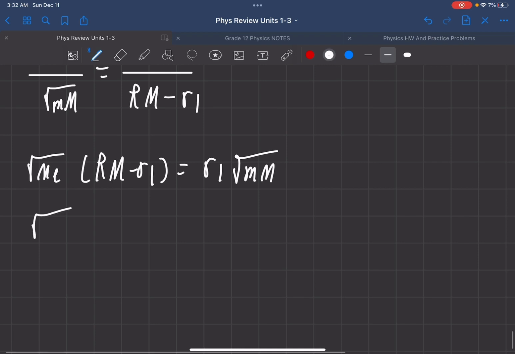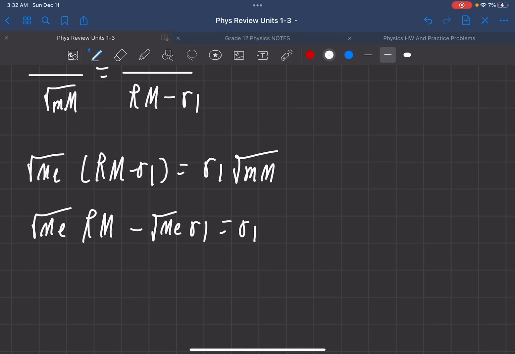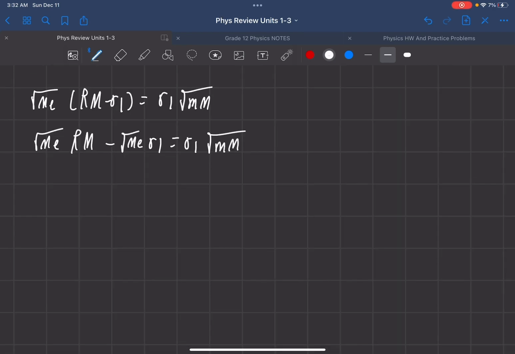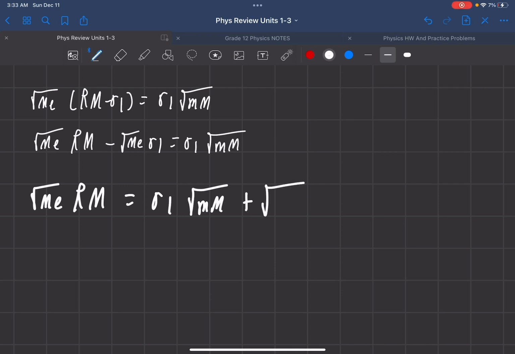Now let's FOIL this root M_E out. So root M_E times R_M minus root M_E times R1 is equal to R1 times root M_M. Okay, so we want to isolate for R1, so let's bring this expression to the right. So root M_E times R_M is equal to R1 times root mass of the Moon plus root mass of the Earth times R1.